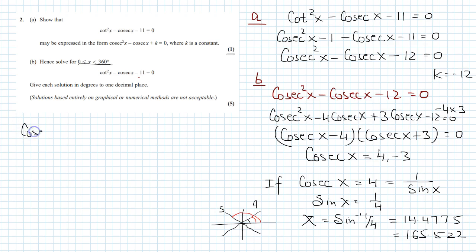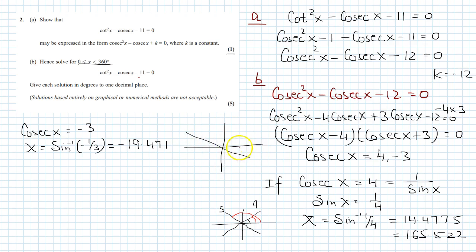Now if cosec x is minus 3, x will be sine inverse minus 1 over 3. So that will be minus 19.471. Here sine is negative and here sine is negative.